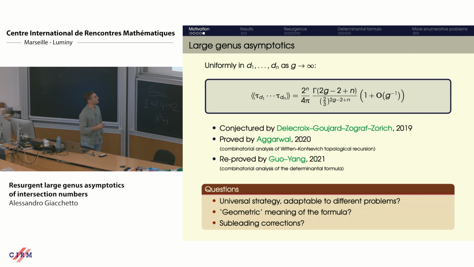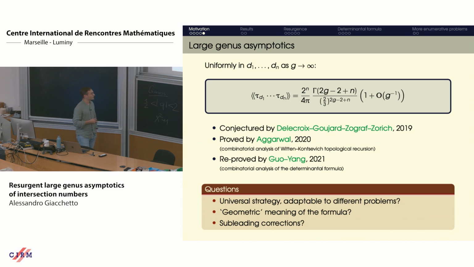What I mean by this is that if you look at the proof of Aggarwal and the one of Guo and Yang, the proofs are extremely nice, but the downside is that they are ad hoc for this problem. And the structure of this problem is not so isolated. There are many problems in enumerative geometry that have exactly the same structure. So is there a more universal strategy to compute this kind of large genus asymptotics formula?